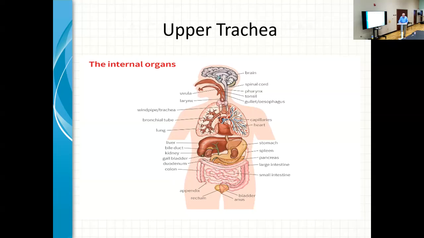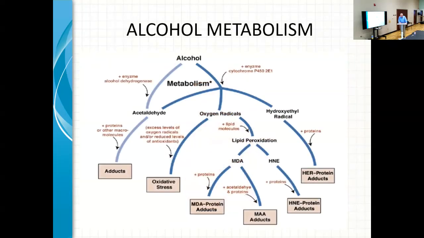Next slide. So we're back to the Touma-Casey flow chart. We're dealing with this side of the flow chart where there are oxygen radicals. As you see here, aldehyde is also created by this, and the hydroxyl radicals here. Then these break off into another one where you see lipid peroxidation.